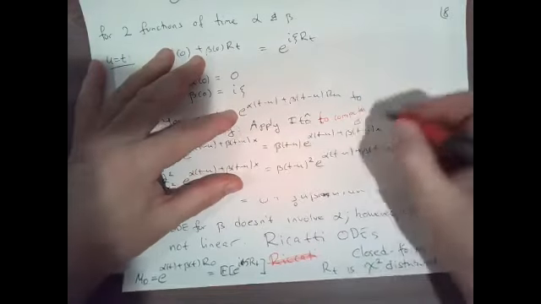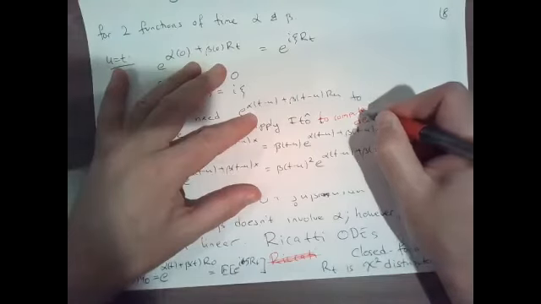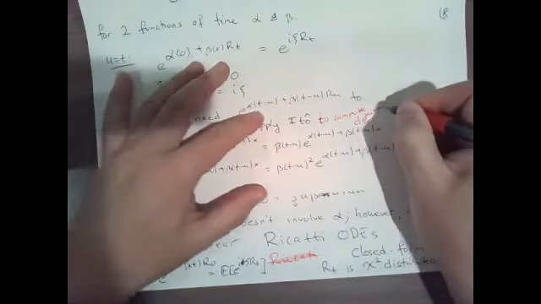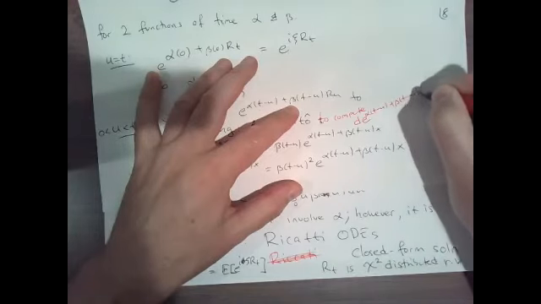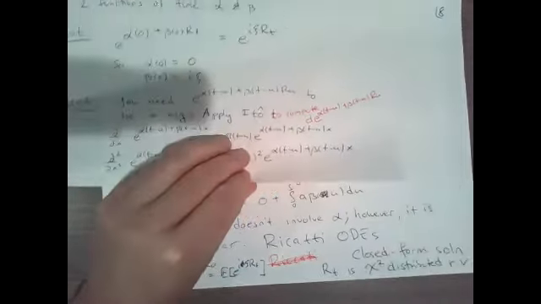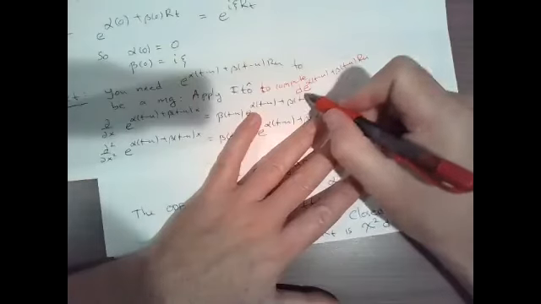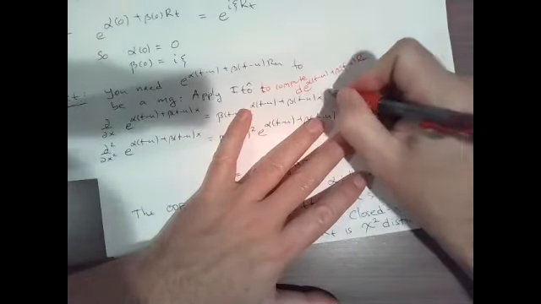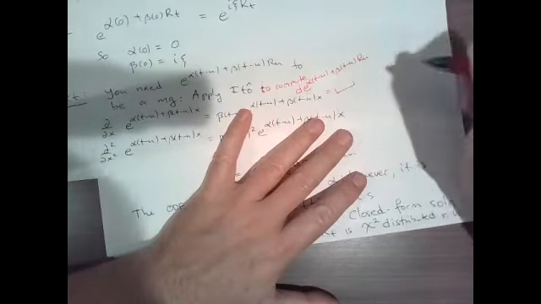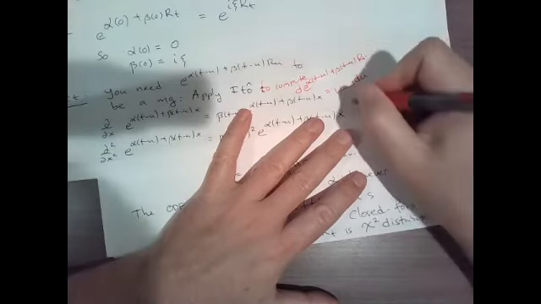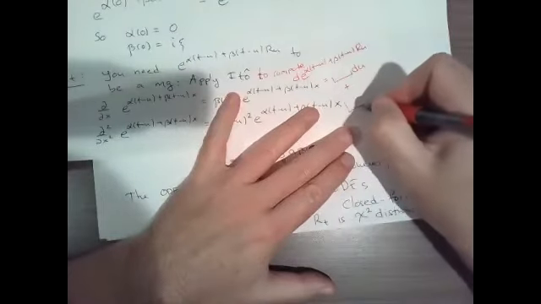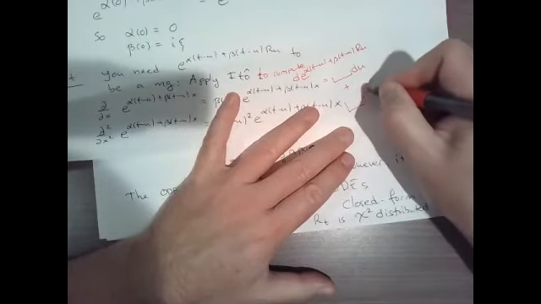d of e to the alpha t minus u plus beta t minus u ru. And so what Ito's lemma will tell you is that this stochastic process, you'll be able to write this as something du plus something dbu.